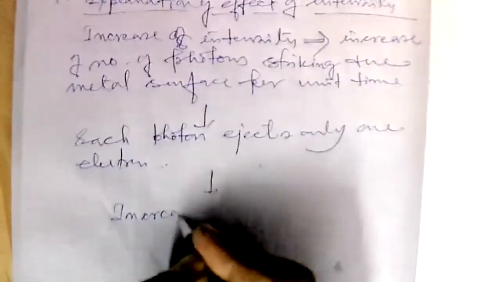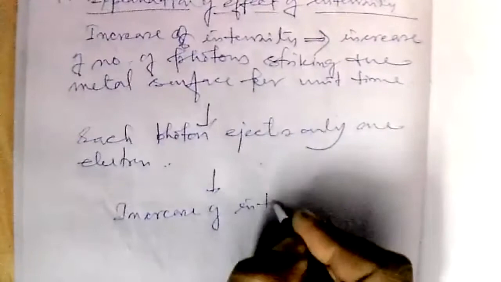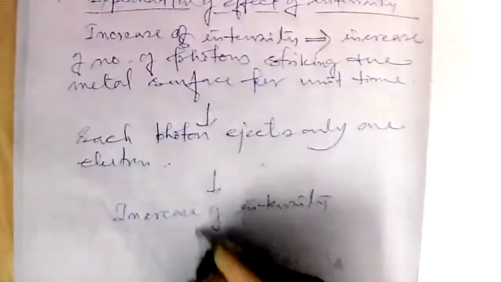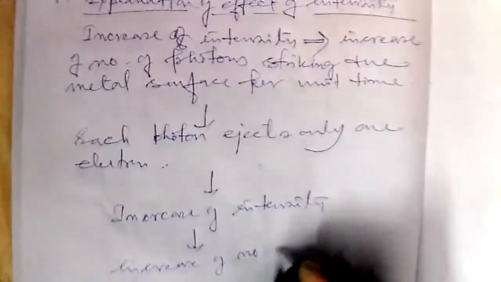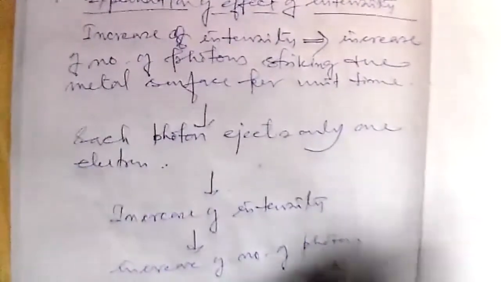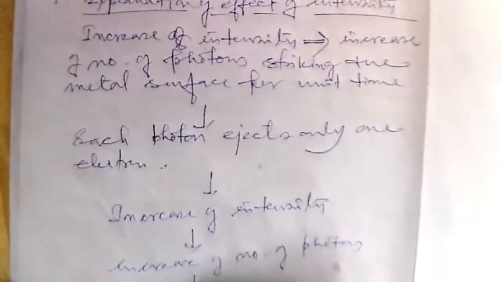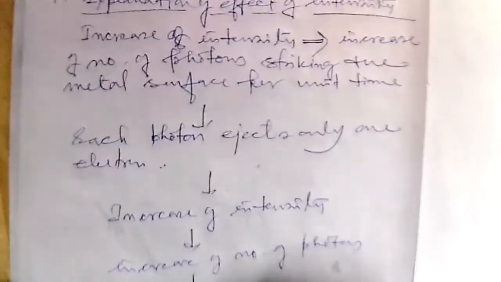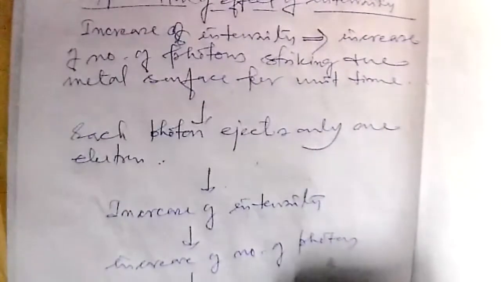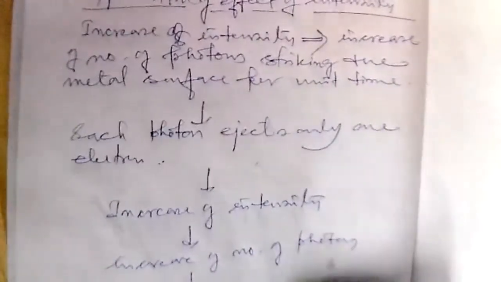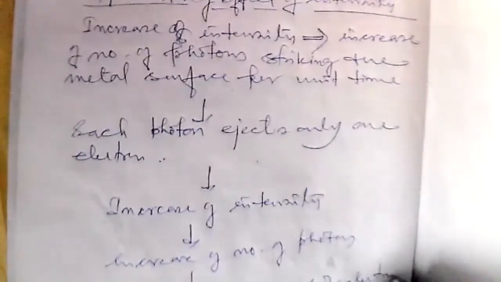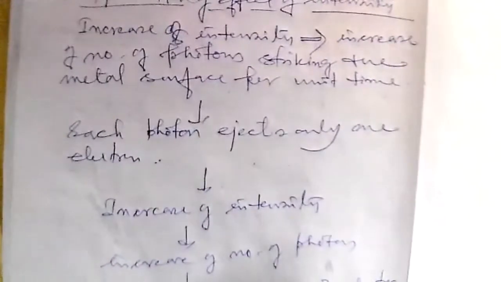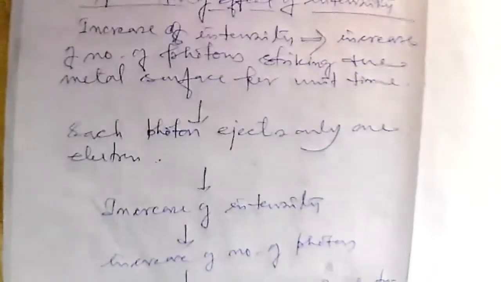Increase of intensity means increase of number of photons, which means increase of number of photoelectrons, hence increase of photocurrent.